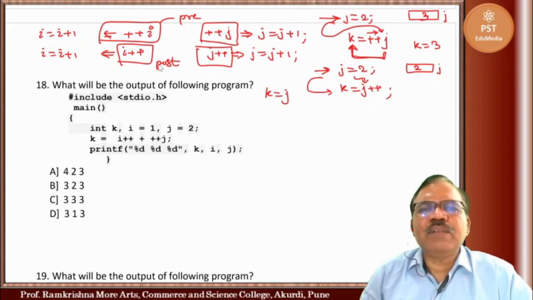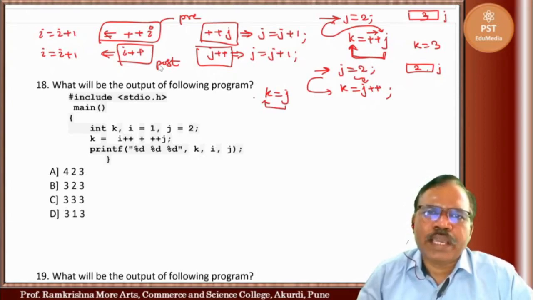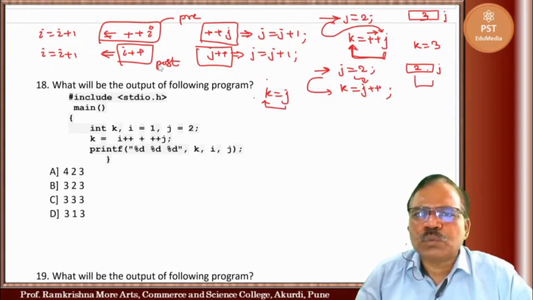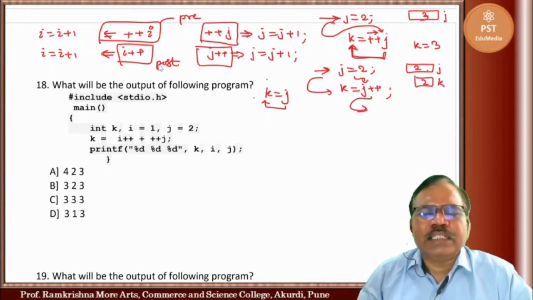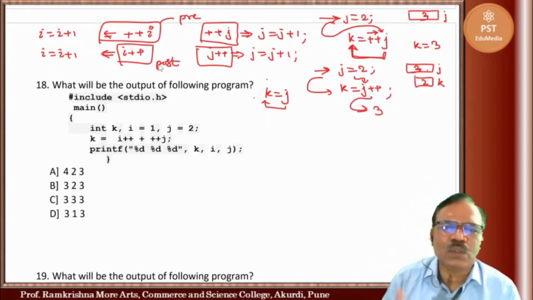So first j will be assigned here. What is the value of j? It is 2. So it is given to k, and k will become 2. And now j is increased after the assignment, so j will become 3. At the memory location 3 is stored. Is it clear to you?